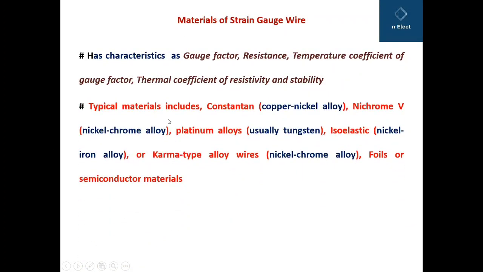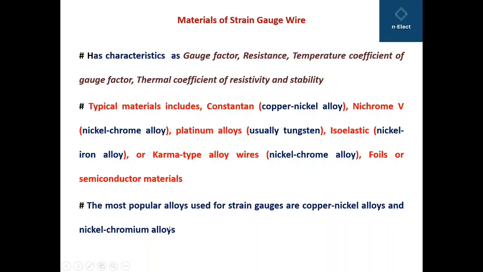Typical materials include Constantan, that is copper nickel alloy, then Nichrome V, that is nickel chrome alloy, platinum alloy, usually tungsten, Isoelastic, that is nickel iron alloy, or Karma type alloy wires, which is nickel chrome alloy, foils or semiconductor materials. The most popular alloys used for strain gauges are copper nickel alloy and nickel chromium alloys.